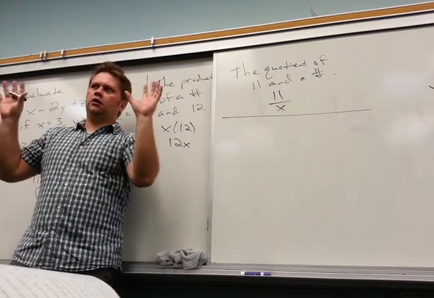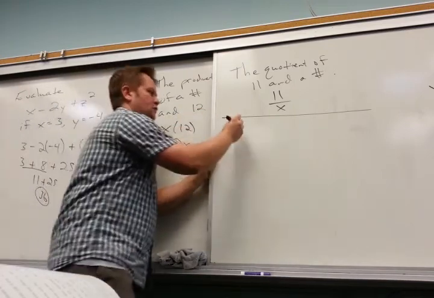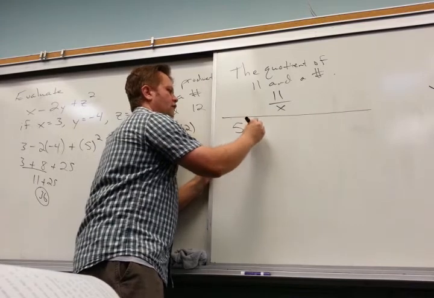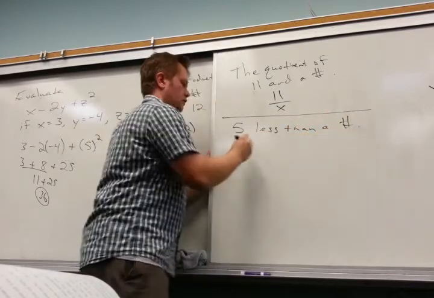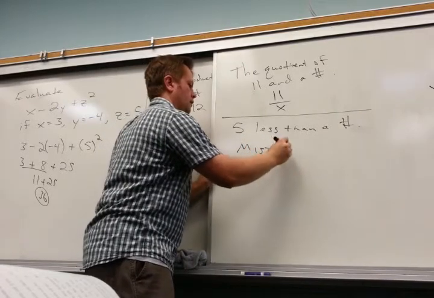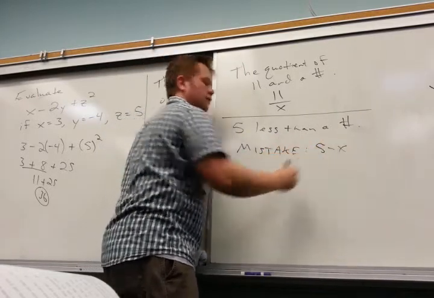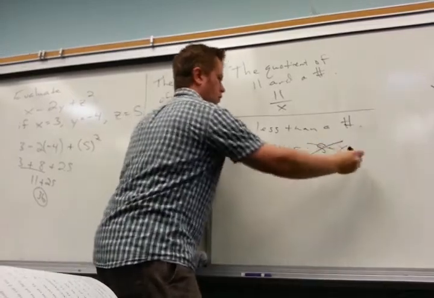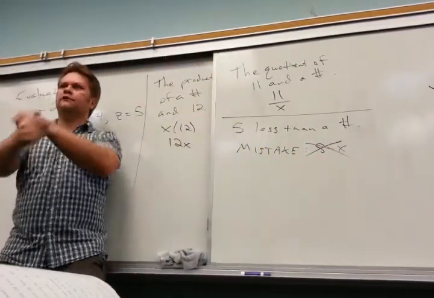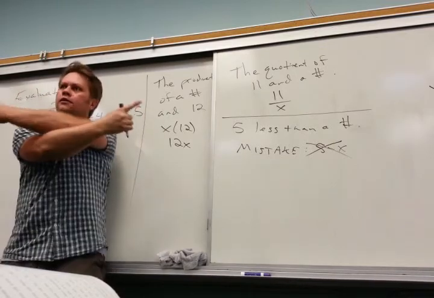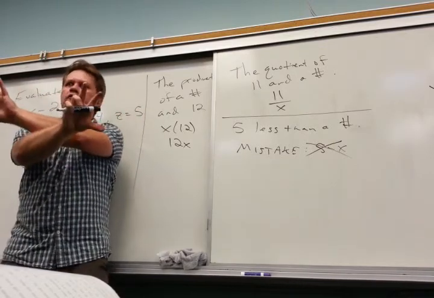But if I said 5 less than a number, the mistake is to do 5 minus x. That's wrong. 5 less than 12 was 12 minus 5. So 5 less than a number is x minus 5.